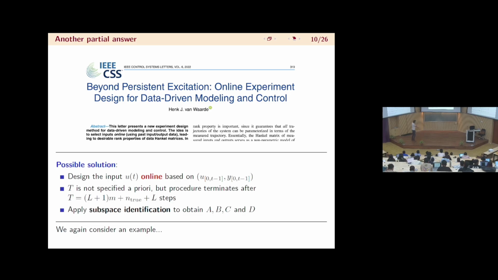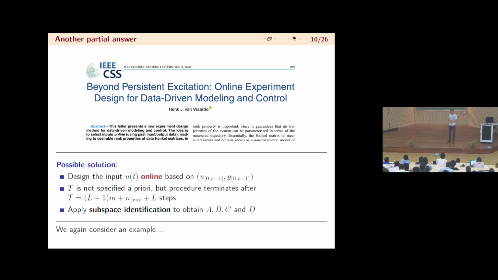Here I was always working with a fixed depth Hankel matrix of depth L. But indeed, what turned out later to be the case, which followed from the paper of Kanat and Paulo, is that one can even improve this depth L of the Hankel matrix by studying the actual bound on the lag, which can be smaller than this depth L. That's indeed a nice observation. I will come to that, actually. That's going to be necessary to generate really the shortest experiments.